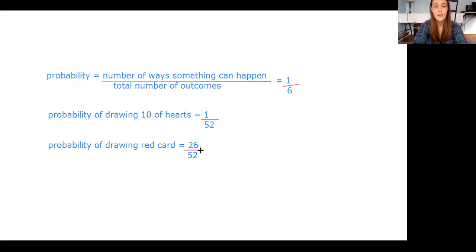We can use it with cards. You could also use it with something like the probability of picking a pencil or a marker. Okay, I have 4 pencils in my cup and I have 6 utensils in total. The probability of drawing a pencil is 4 out of 6. And the probability of drawing a Sharpie is 2 out of 6. So that's just basic probability.